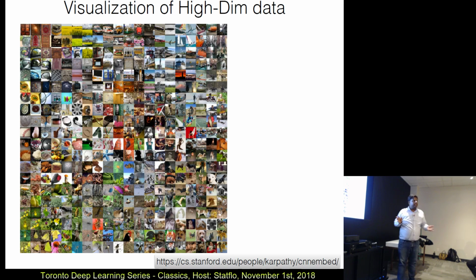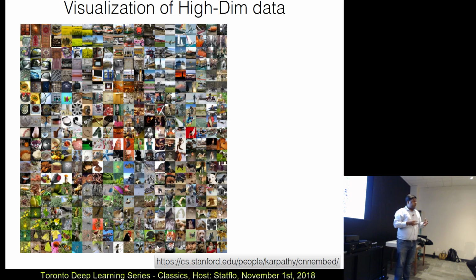He took all these images and made the proposition that if you train a big CNN on these images, then take one of the layers where the features of the images are stored, and visualize that with t-SNE, this is the output. All the dogs are somewhat here, and all the birds are somewhat here.